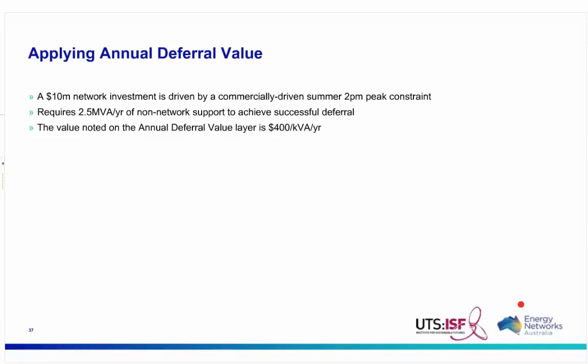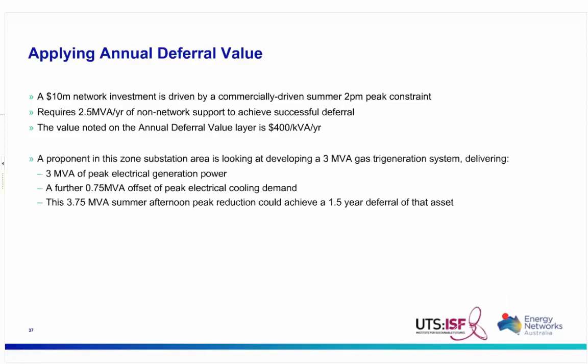And the proponent in this zone substation area is looking at developing a 3 MVA gas trigeneration system, which delivers 3 MVA of electrical generation, as well as 0.75 MVA of an offset to cooling demand within the building. And so you get 3.75 MVA summer afternoon peak reduction, which could plausibly achieve a 1.5-year deferral of that asset.